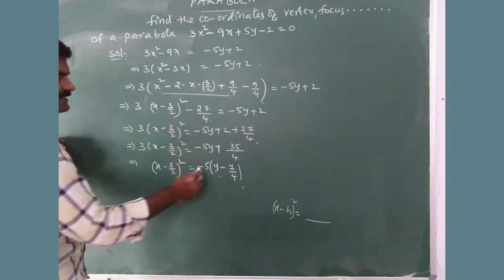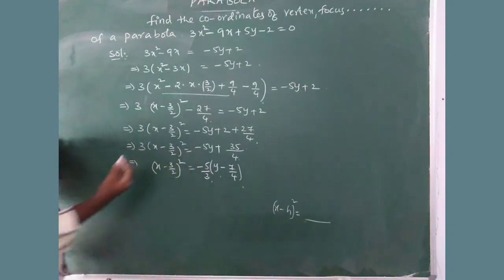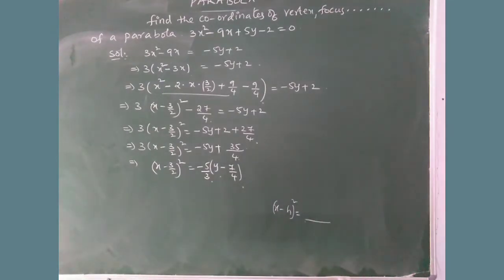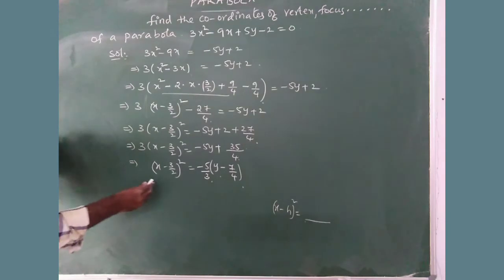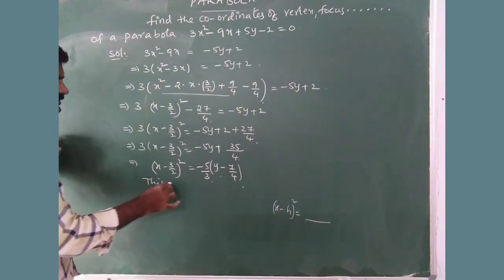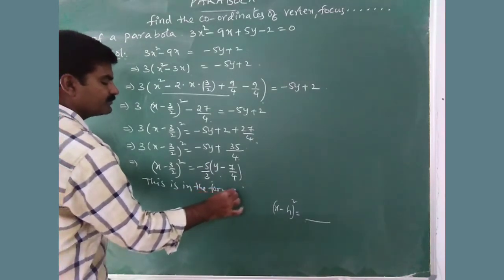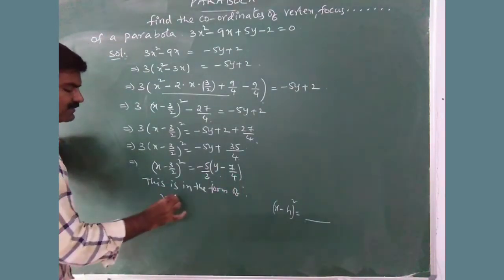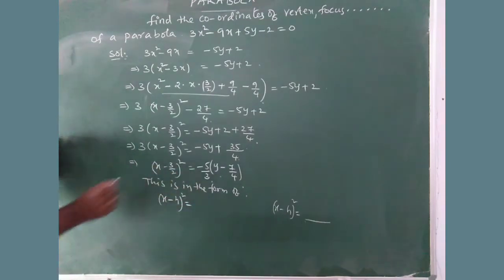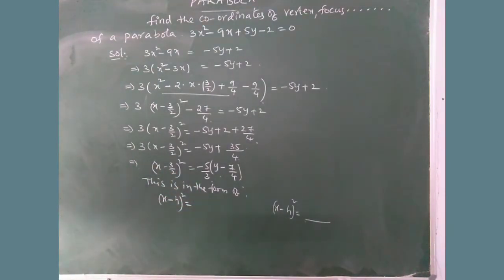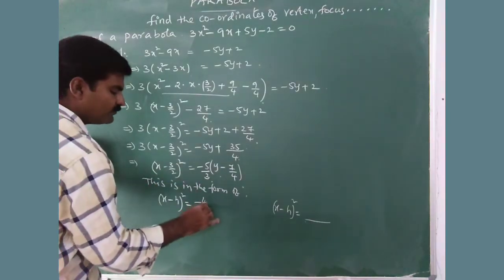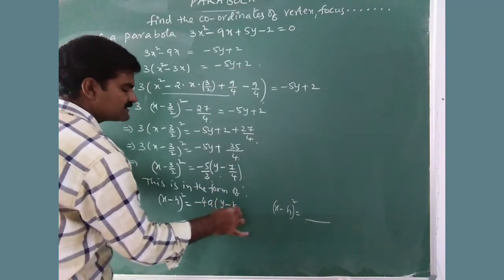So 3 into x minus 3 by 2 whole square is equal to minus 5 times y minus 7 by 4. If I send this 3 to this side, can I write it as minus 5 by 3 into y minus 7 by 4. So clearly this is in the form of x minus h whole square is equal to, what is it, minus 4a into y minus k.